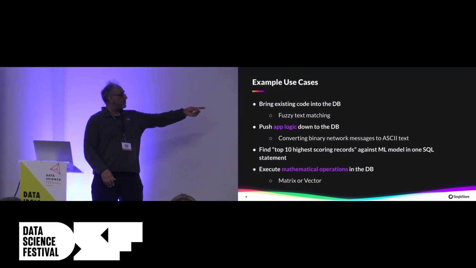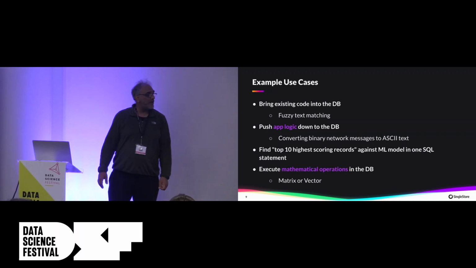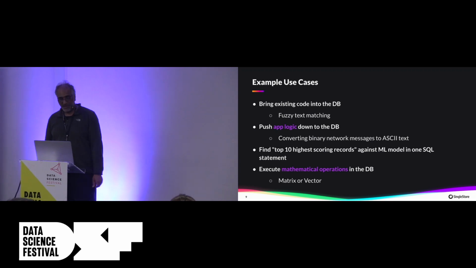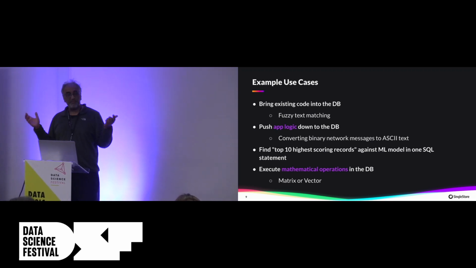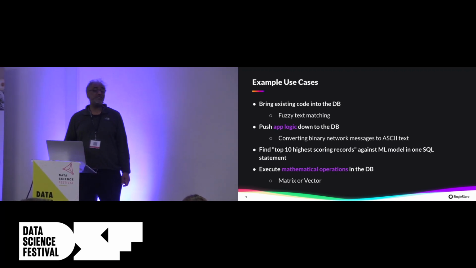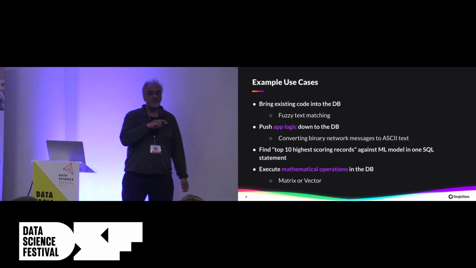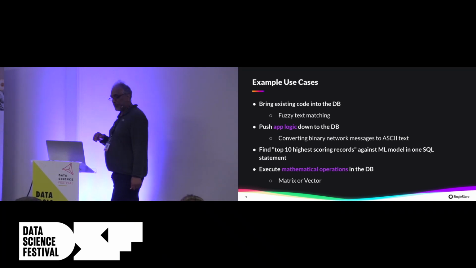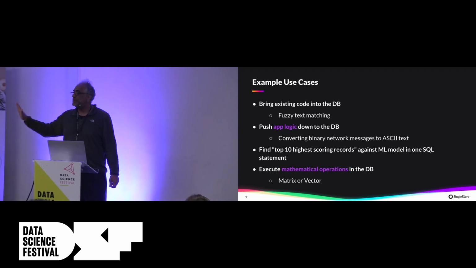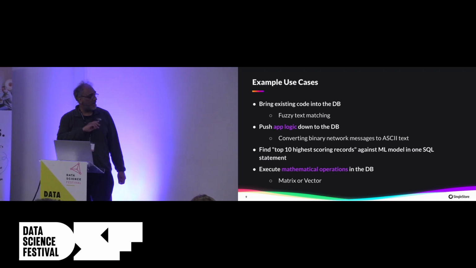Other simple things: finding the top 10 highest scoring records against a machine learning model in a single SQL statement. Mathematical operations, in finance, for example, where matrices and vectors are very often used. Interestingly, SingleStore actually supports some vector operations already, and you can do things like Euclidean distance very easily. But you could extend those capabilities. Maybe there are other things that you want to utilize, and you can do that there as well.